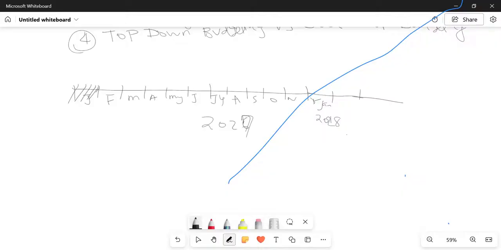Another dash, improves planning accuracy. Another dash there, responds to changes quickly.